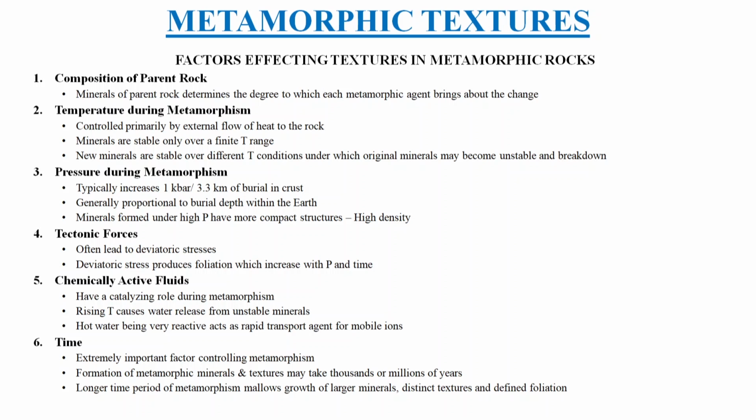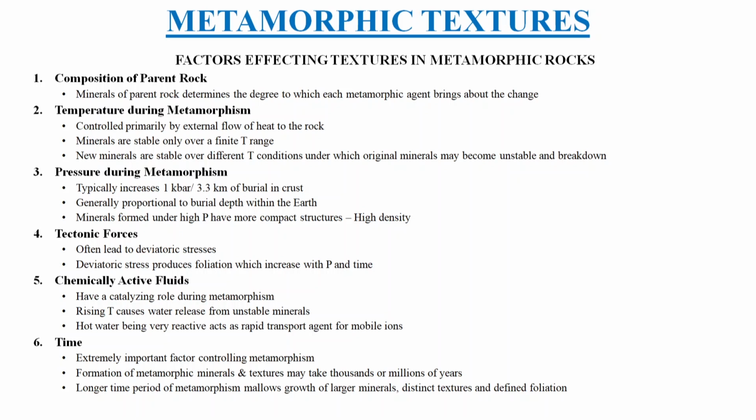Then again, the most important one is the temperature that is prevailing during the metamorphism of a rock. So, it is controlled primarily by external flow of heat to the rock, minerals that are stable over a temperature range, and some new minerals which are strictly metamorphic in nature or have formed during the formation of a metamorphic rock. So, the presence of new minerals also governs the texture and structure in a metamorphic rock.